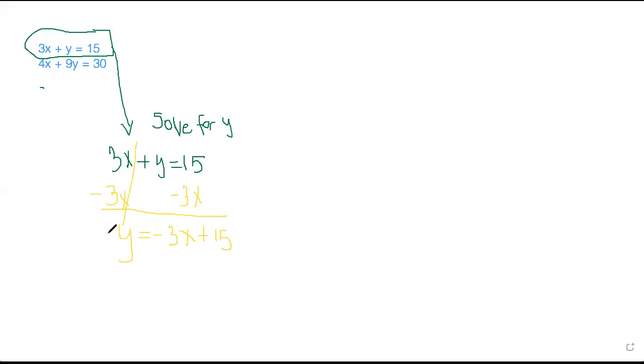Now you can substitute y into this problem.